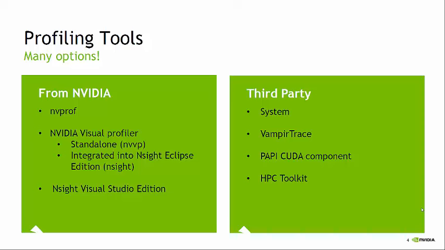And then there's a visual profiler. The visual profiler is standalone, nvvp. nvvp is on Linux, Mac, Windows. It's a little bit more than a visual interface into nvprof. It has timeline data as well, and will also provide you with guidance, I guess is the best word.